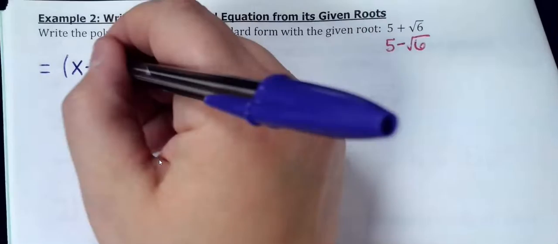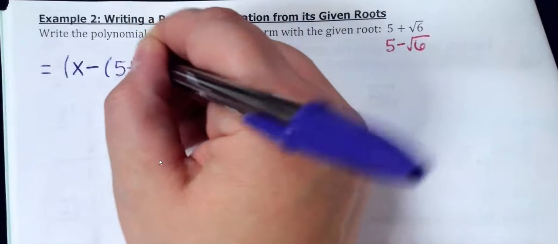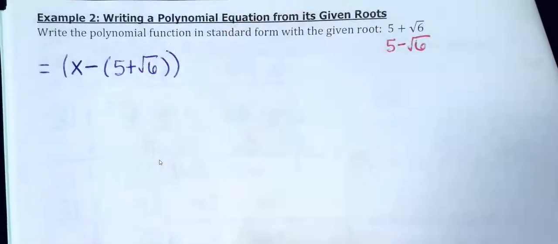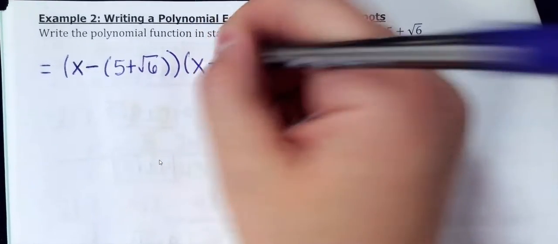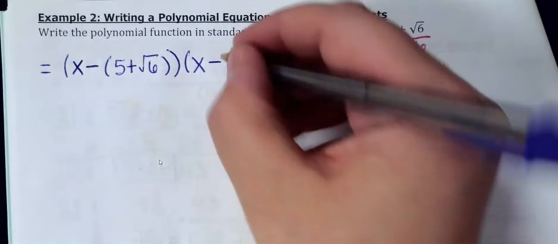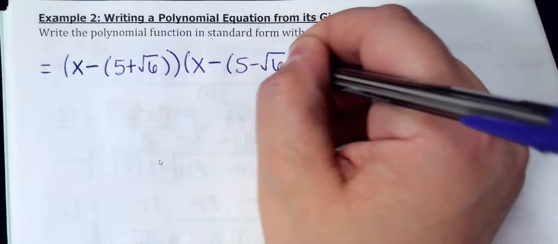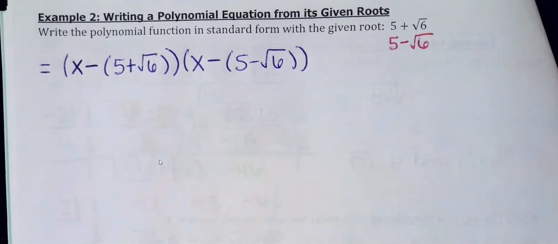So I'm just going to start with the one that was listed in the problem. This would be 5 plus radical 6, and every time it should just be x minus, and then I'm going to put in the conjugate, which would be 5 minus the square root of 6. It does not matter the order that you write them in, but it should always be x minus.